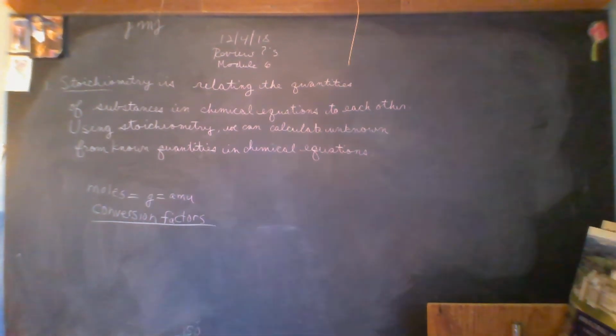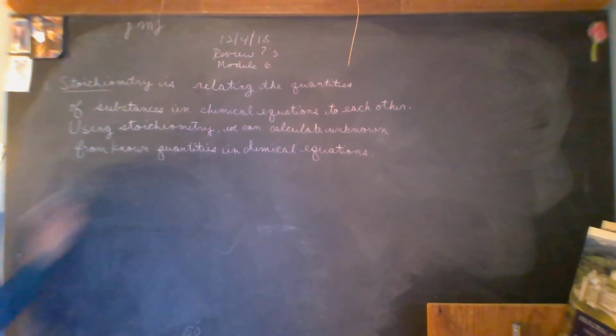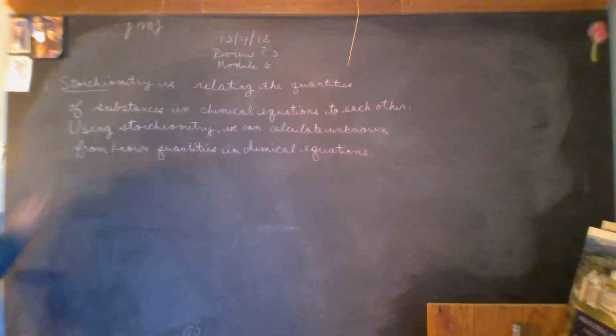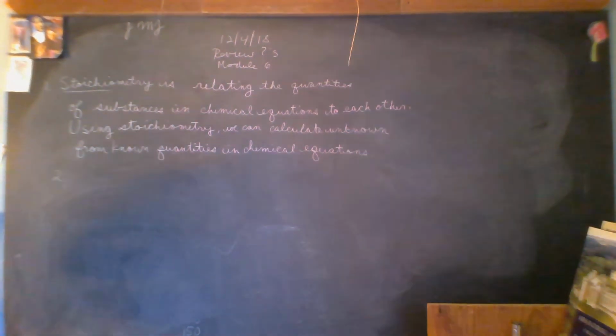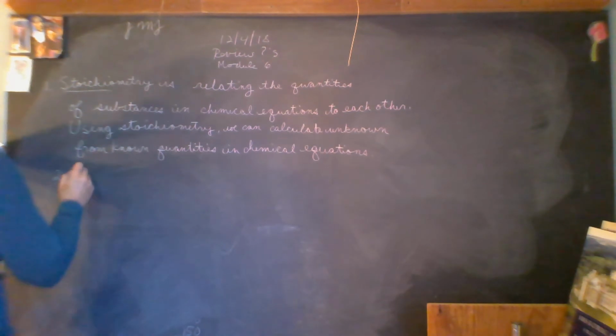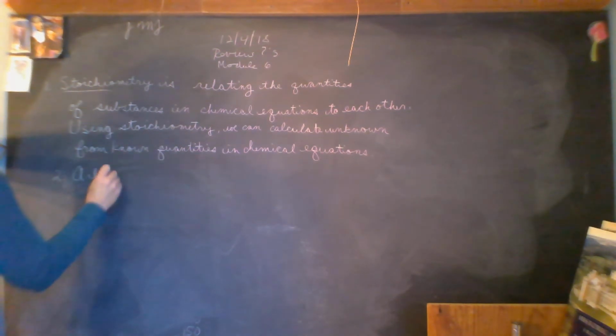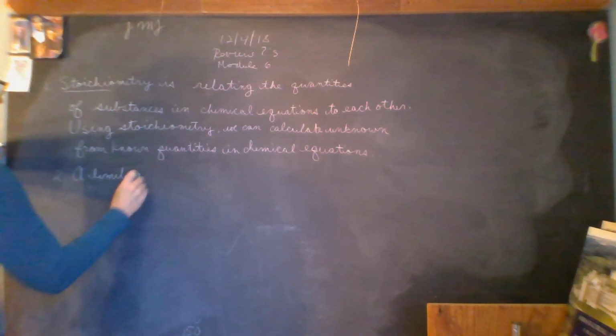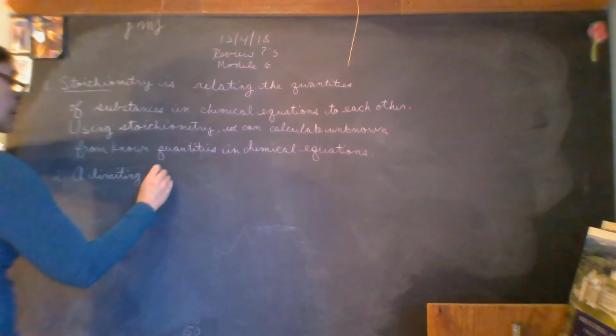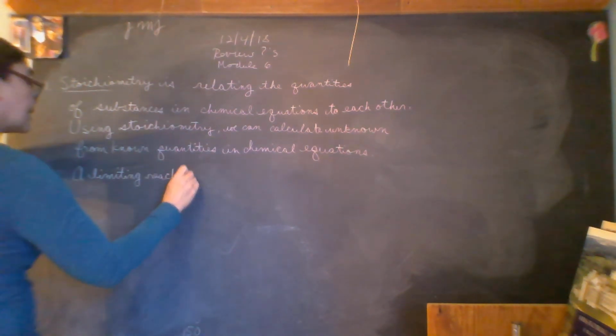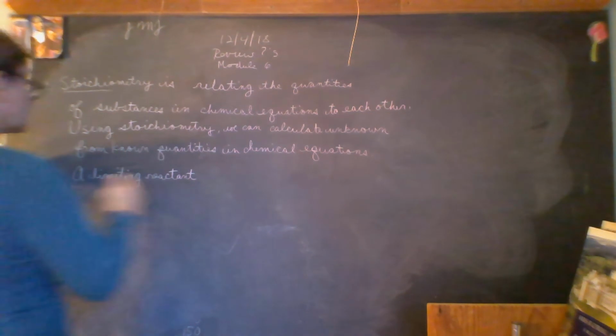Okay, so we figured out what a limiting reactant was in our experiment, and we see it defined on page 167, where it says, the limiting reactant limits the amount of product that can be formed in the chemical reaction. And in our experiment, the limiting reactant was the vinegar.